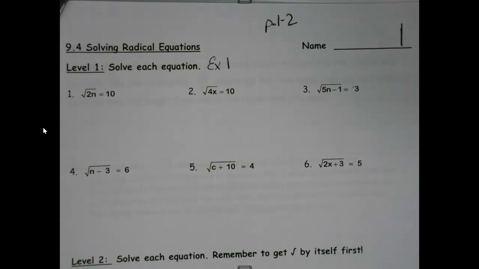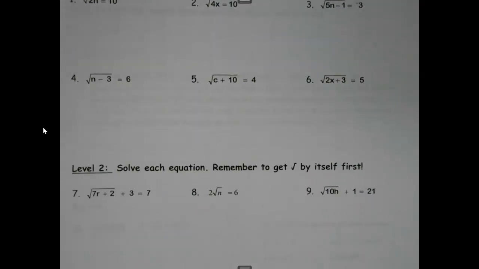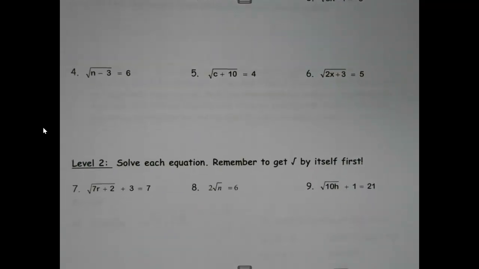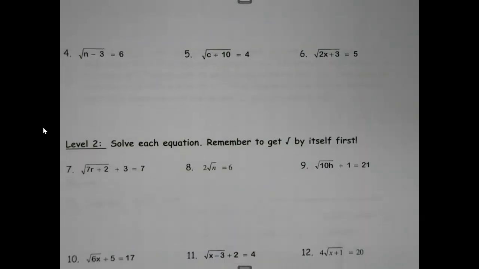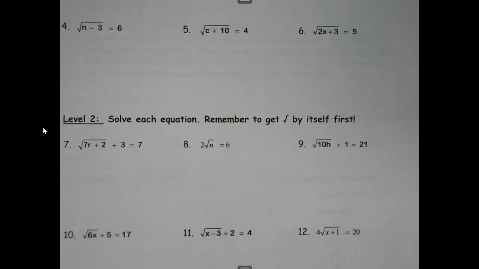So on these, your first step will be to square both sides. All 6 of them. No. I said the first part. Now, the second part, we're going to have some different things to do. So this is where I'll kind of give a little bit of guidance here.